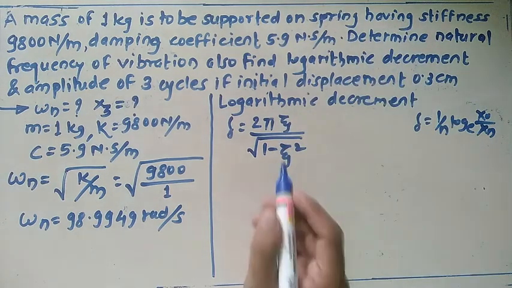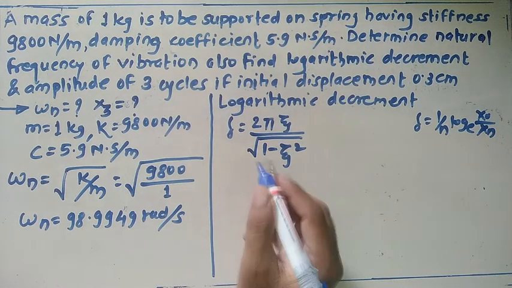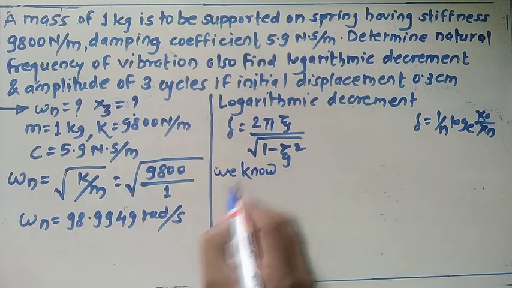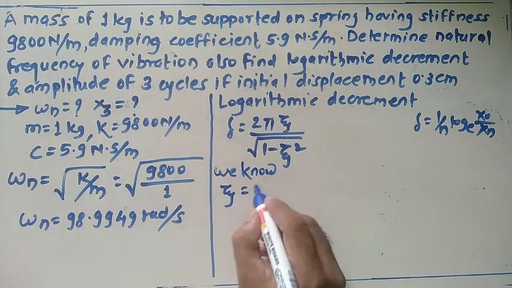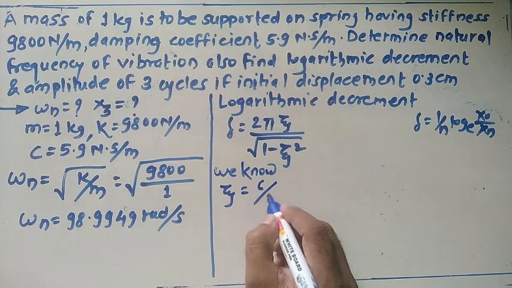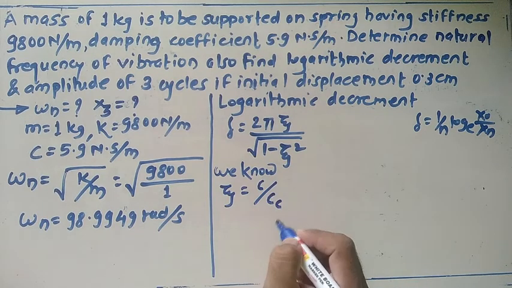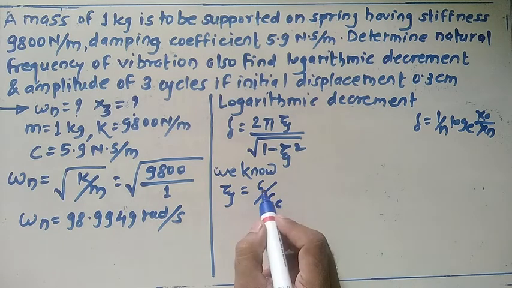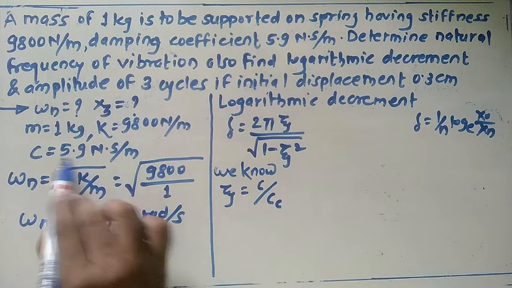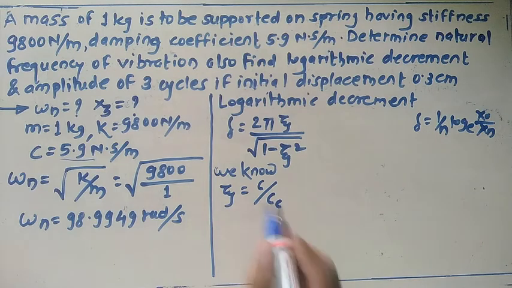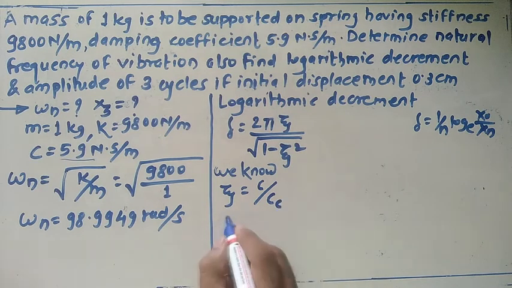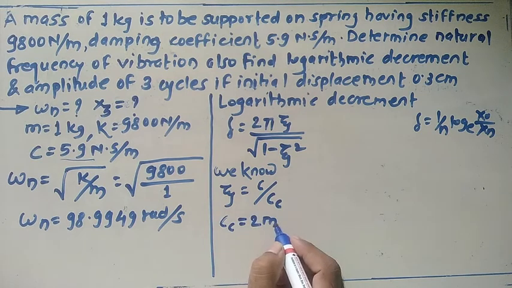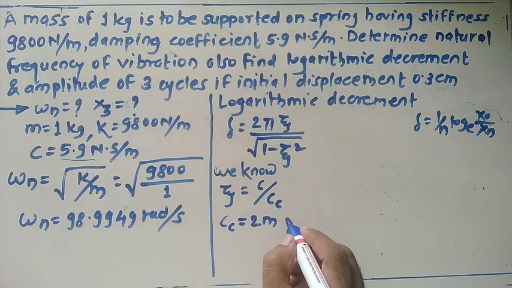Now we need the value of zeta. Zeta is the ratio of the actual damping coefficient to the critical damping coefficient. The actual damping coefficient C is already given in the problem. The critical damping coefficient Cc we can get from the relation 2 into m into omega n.